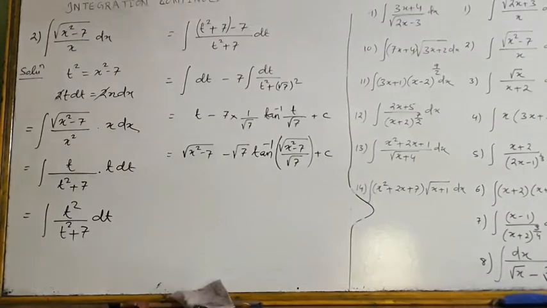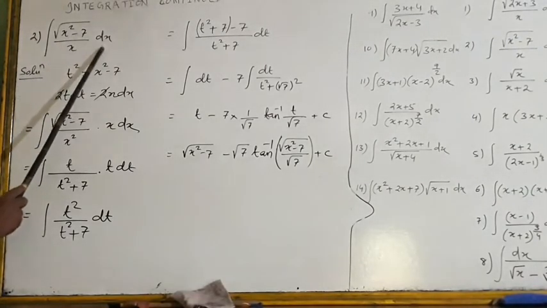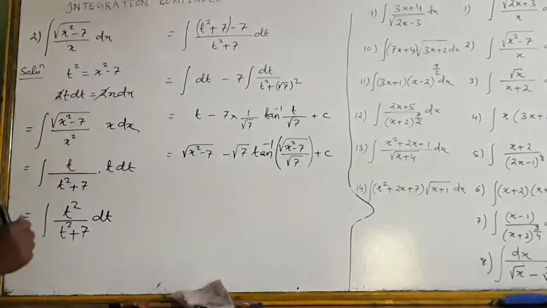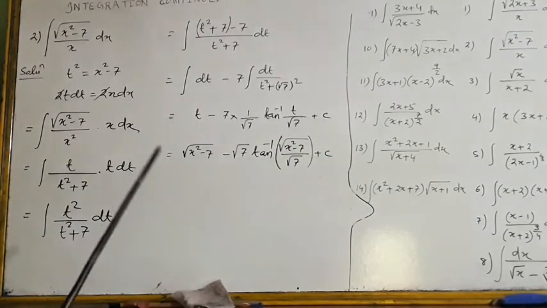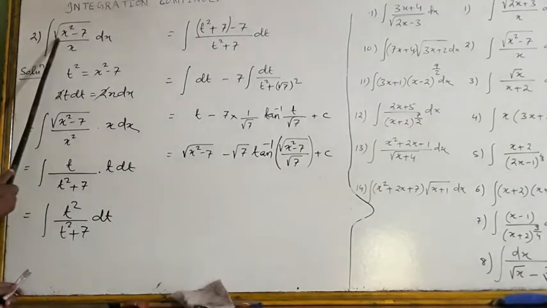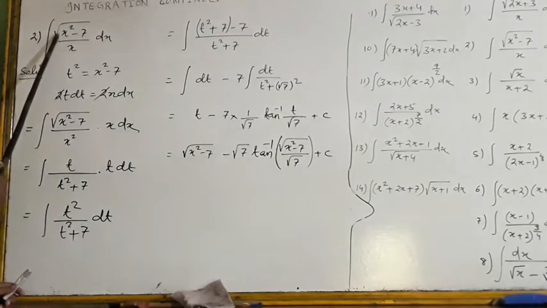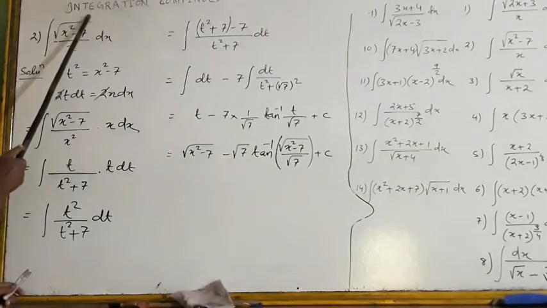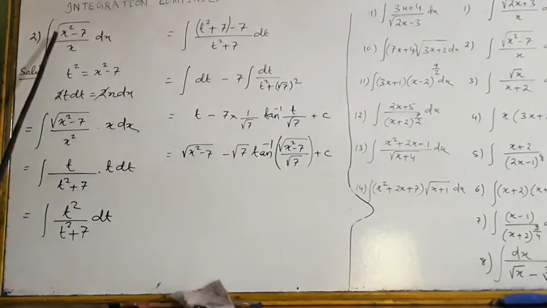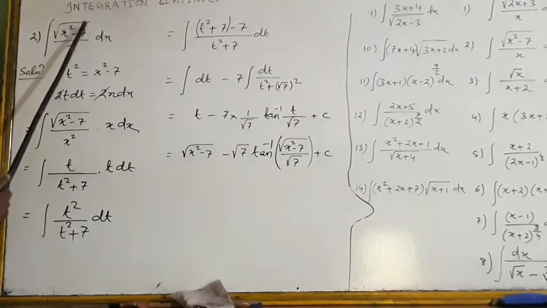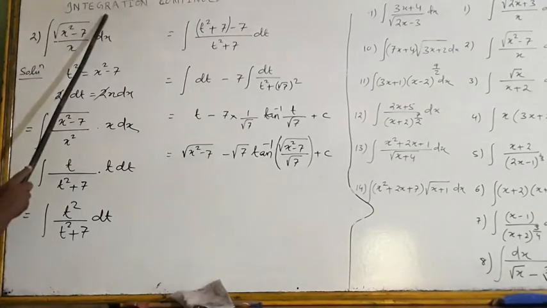Now look at number 2. It is integral of root of x square minus 7 by x dx. First objective of these problems, we have to eliminate this fraction power. Means it is x square minus 7 whole to the power half.